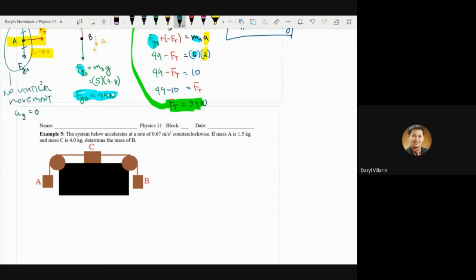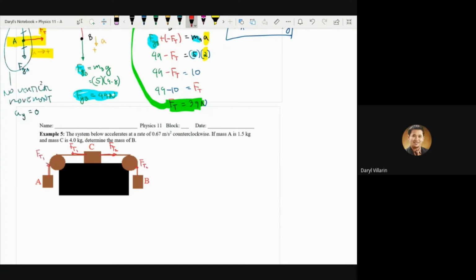So it's no longer just Ft, but you have Ft1 and Ft2. I'm using different subscripts because these two have different magnitudes essentially.